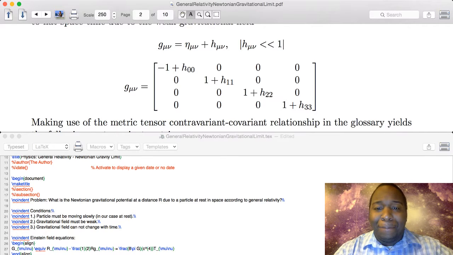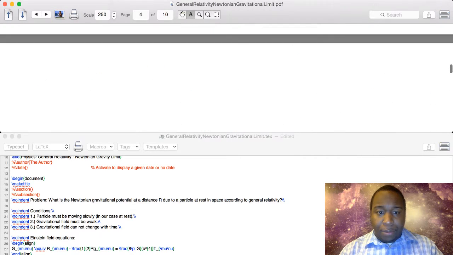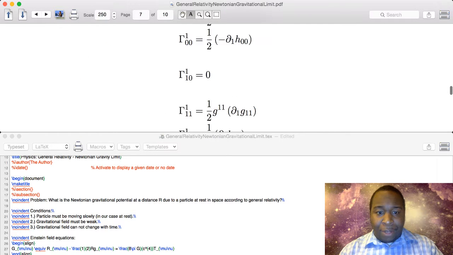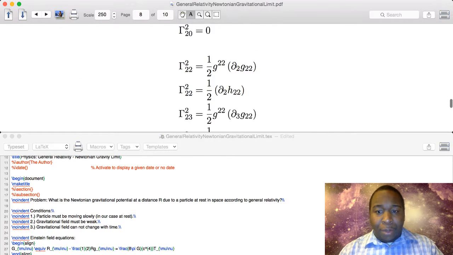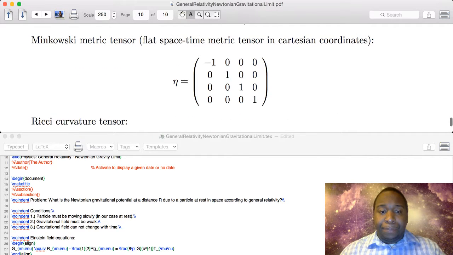And so this is going to end up being the metric that we end up getting. Now note that all we've done is taken the matrix eta sub mu nu, which I'm going to scroll down. And as you can see, there's a bunch of math in here now, which was not here in the previous stream. But basically, this is going to be our Minkowski metric tensor, which is for a flat space-time.